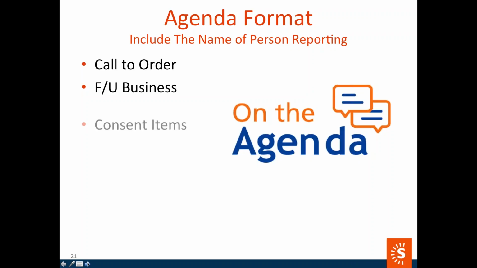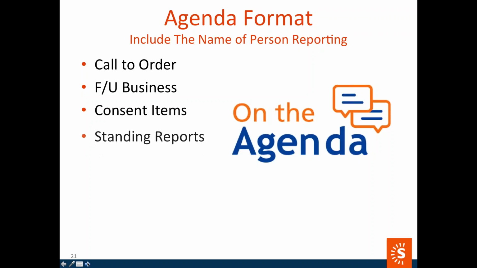Then consent items. And you can have sub-bullets under any of these elements, but having a label for consent agenda items. And then those that are standing reports, again, having sub-bullets under those standing reports.